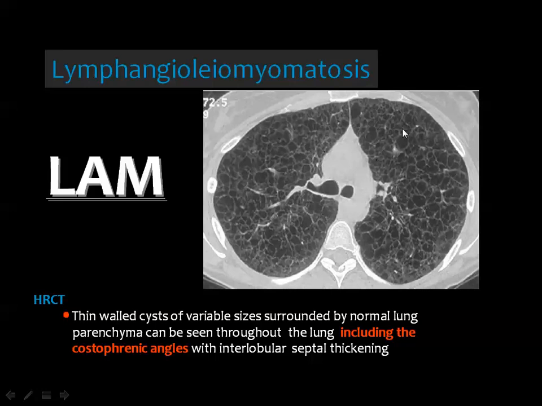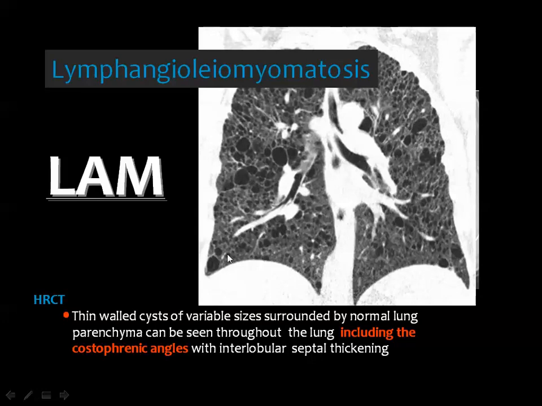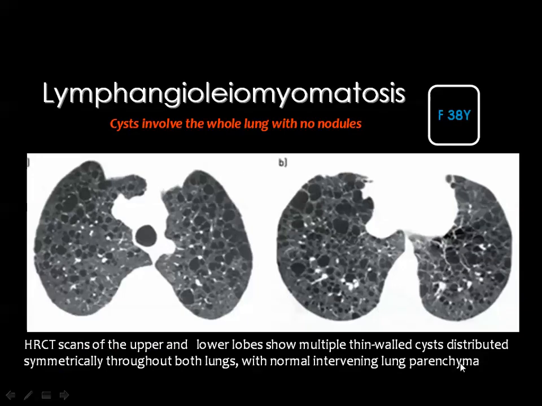And very importantly, these lesions affect the lung bases, the whole lung, and they reach even the costophrenic angles. And this is important. If you consider the sex of the patient, the age of the patient, the distribution of the cysts, and the size as well as the thin wall, you may easily reach the diagnosis.